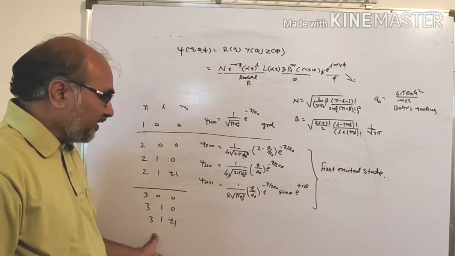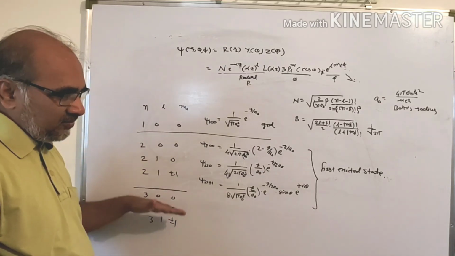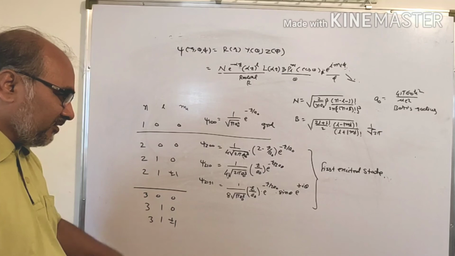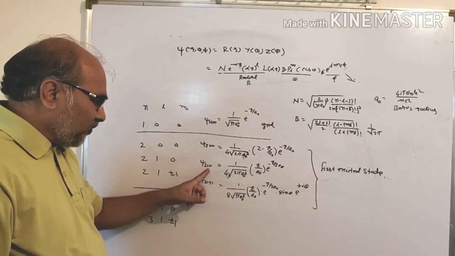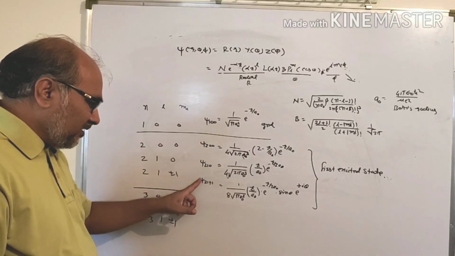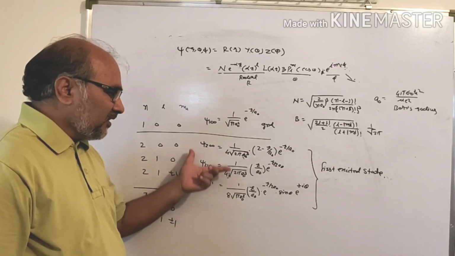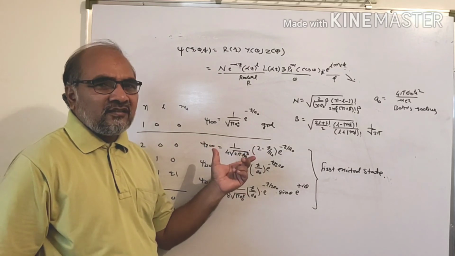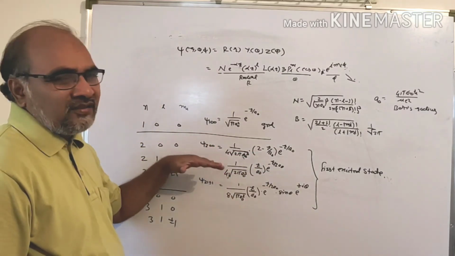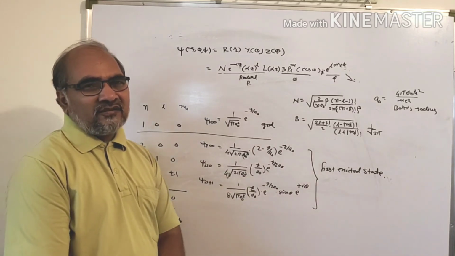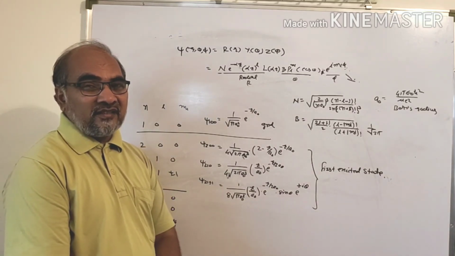So psi 200, psi 210 and psi 21 plus minus 1 give the excited states, and these are the corresponding wave functions. So this is the hydrogen atom.